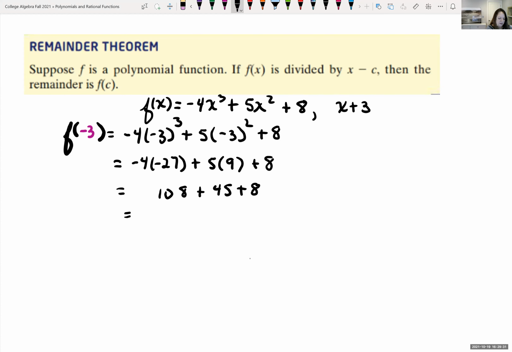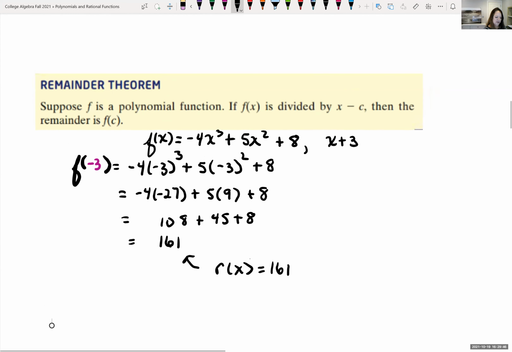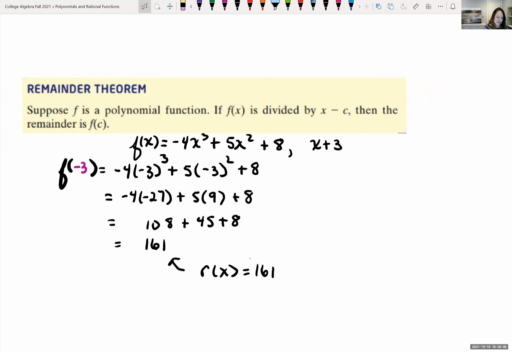So that's going to be 153 plus 8, which is 161. So this remainder theorem gave us what we saw when we did long division and synthetic division.